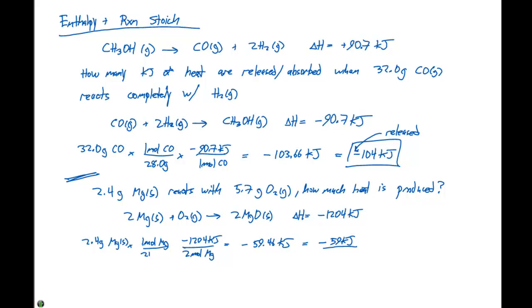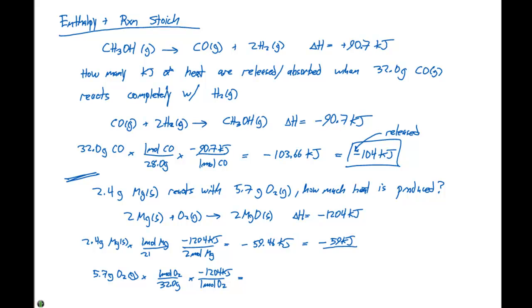So now we need to take our 5.7 grams of O2 and perform the calculation as if the oxygen was the limiting reactant. So for every 1 mole of O2, we have 32.0 grams, and we know that for every 1 mole of O2 that reacts, we get negative 1204 kilojoules of energy.